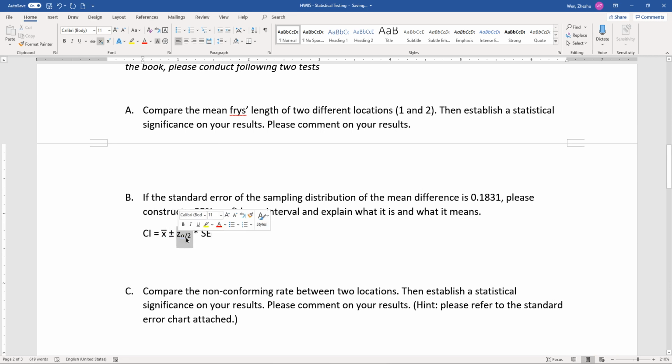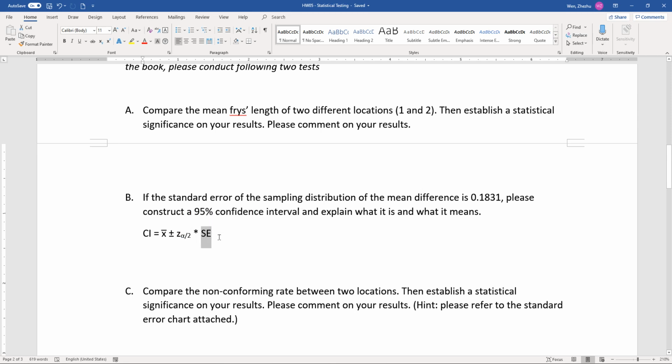You can just take 1.96 for this value because we're looking for a 95% confidence interval. I know some of you may argue, shouldn't we use a t here? You can use t, but I think we have a sufficiently large sample size, therefore we can safely use z to replace t. It doesn't matter too much. And then the SE.